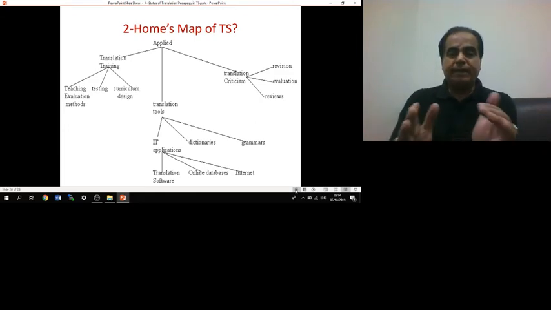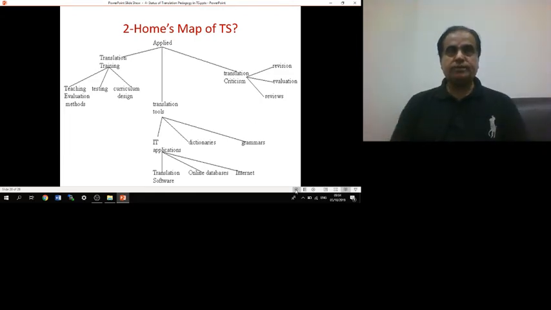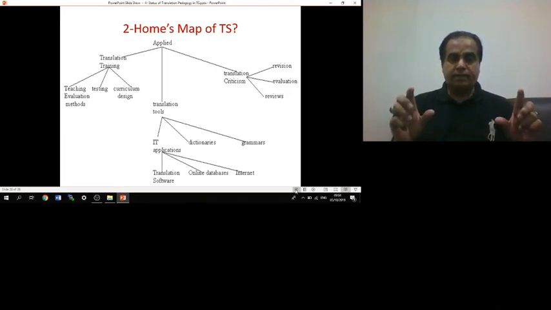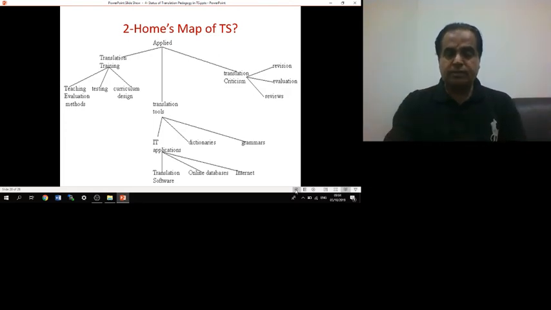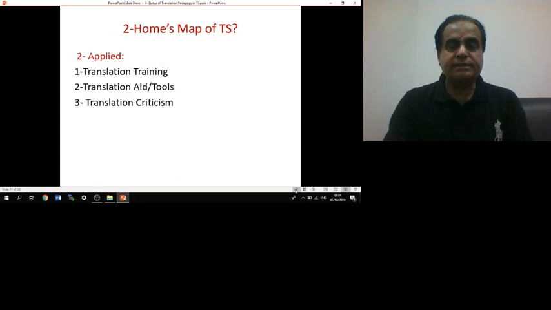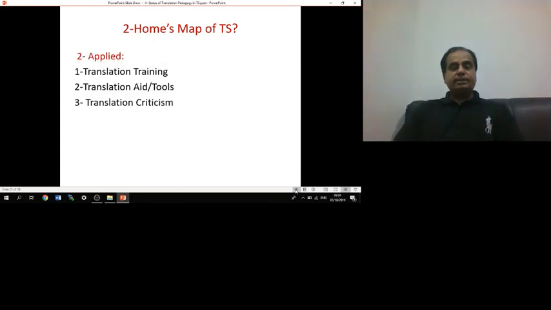So the applied part has its own branches and other details, but I hope you have a starting idea from this slide, because I'm going to explain these things. So the applied three: translation training, as we have seen in the map, then translation tools or aids, and then translation criticism, each part with its branches.